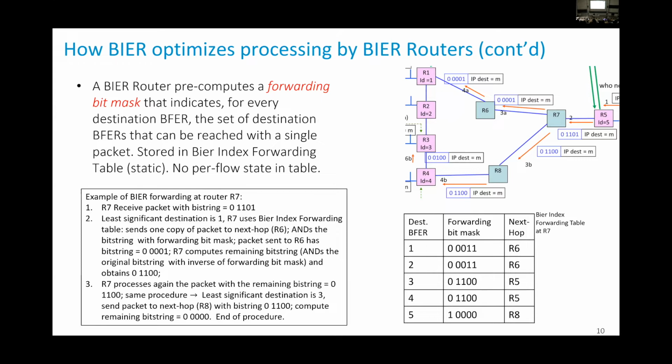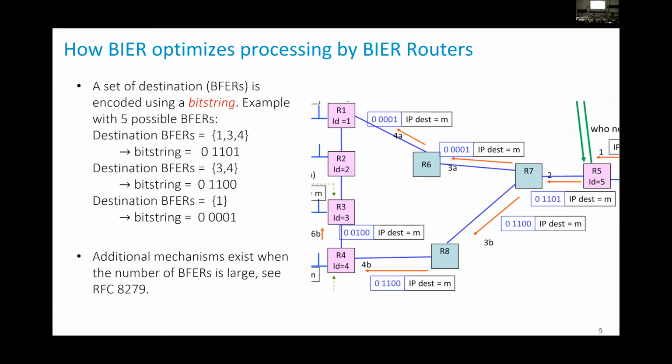In large networks like in data centers, it can be thousands of BIER routers. In networks like EPFL, the number of routers is very small. It's a few tens of routers. So there is a trick where you can break the space into multiple subspaces, which we identify with numbers.